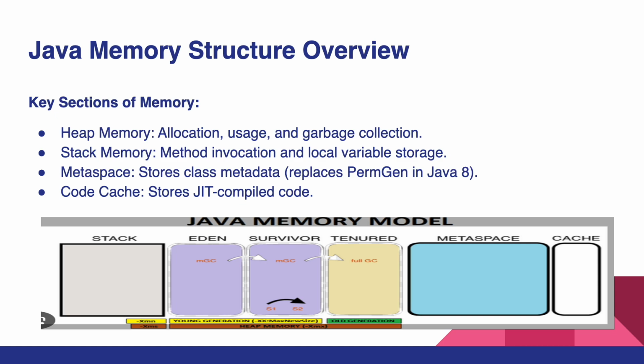Additionally, Java 8 introduced the Metaspace, replacing the old PermGen space, which is where class metadata is stored. And finally, we have the code cache, which stores just in time compiled code to speed up method executions. Understanding how each part of this structure works allows us to manage memory efficiently and avoid common pitfalls.